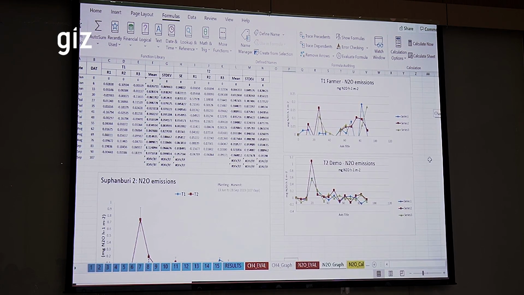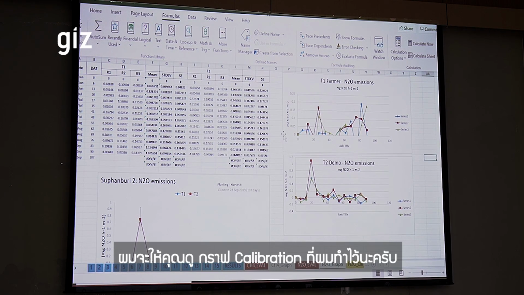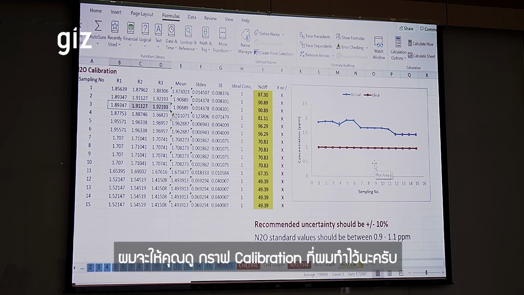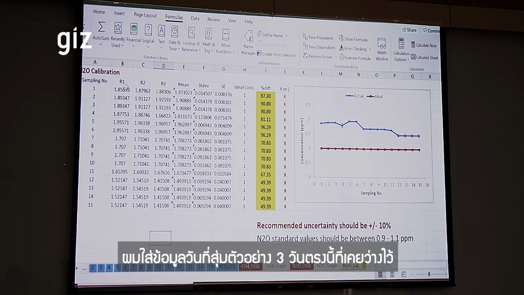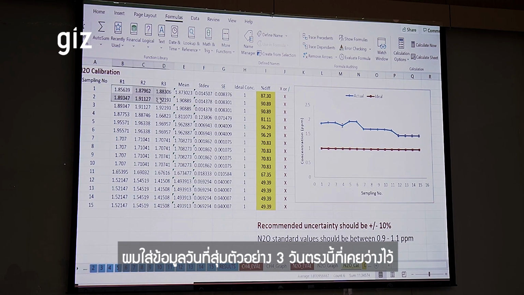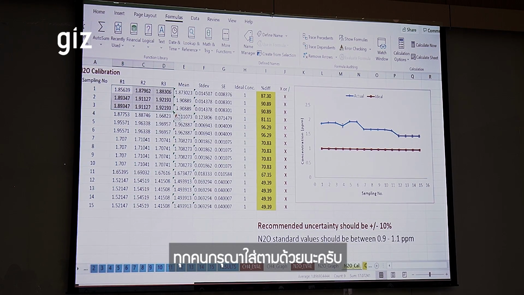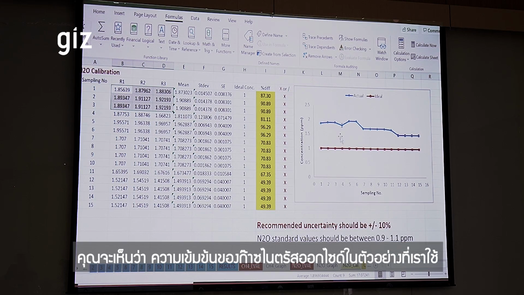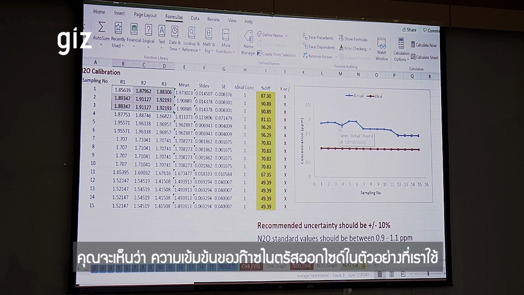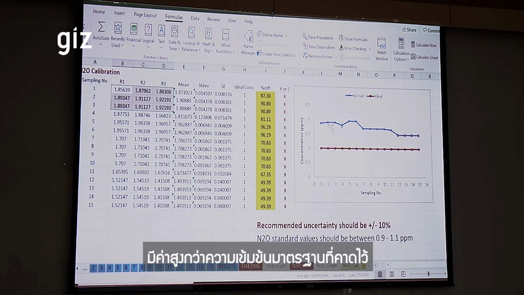And so this is the graph. Yeah. And then I will show you, I also populated the calibration graph. This is the calibration graph. I put in the first 3 sampling days that were empty. Yeah, you can please fill that in, and you will see now that the nitrous oxide concentration in your samples is significantly higher than the expected standard concentration.